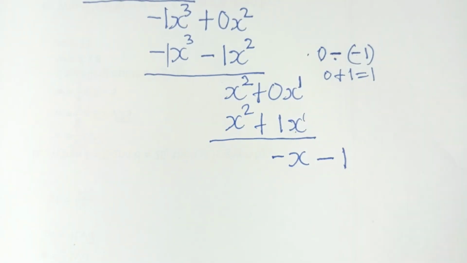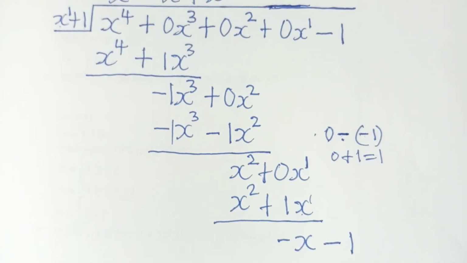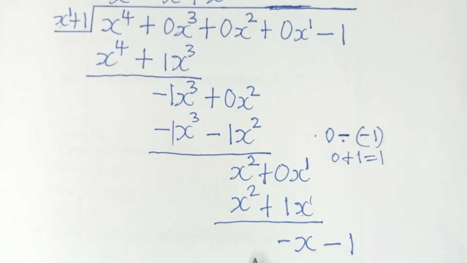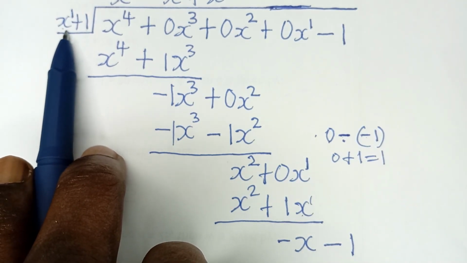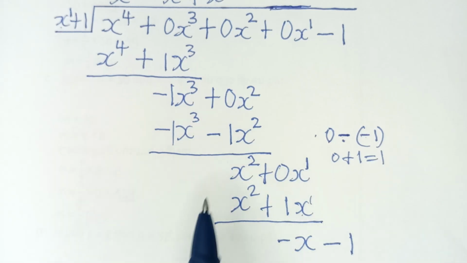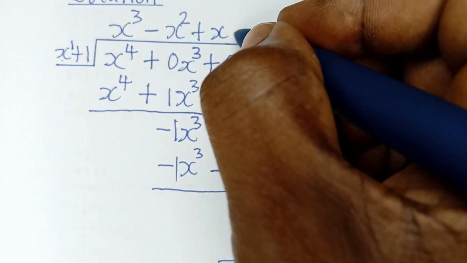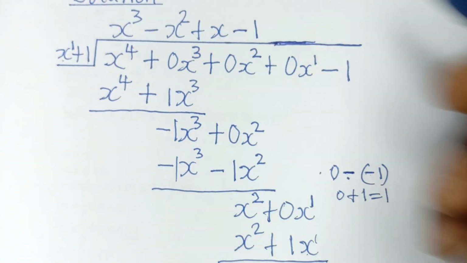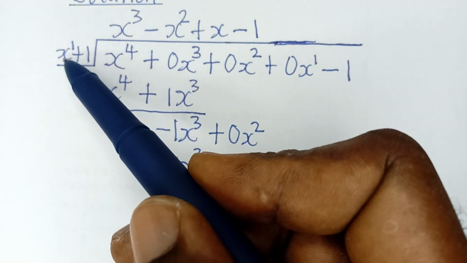And then what do I do? I start the process of division all over again. So as you can see, this negative x divided by x here is going to give me negative 1. x will cancel x. So it's going to give me negative 1. So I'm going to write the negative 1 as the answer at the top here. So I'm going to use this negative 1 to multiply x.